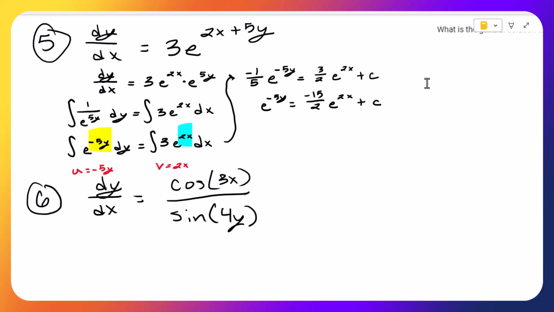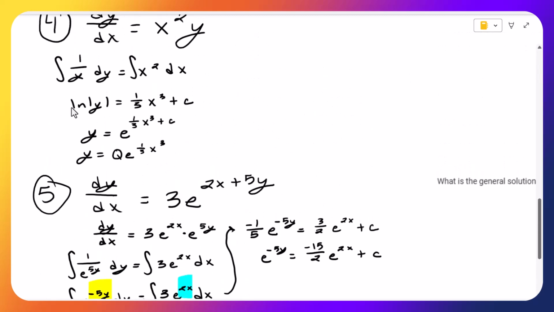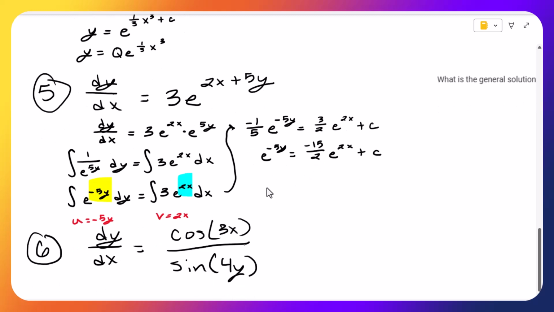And now, how do I get rid of this e? Well, similarly to how the inverse of natural log was exponentiating with e, now we're going to take the natural log of both sides. So we get negative 5y equals the natural log of negative 15 over 2 e to the 2x plus c.